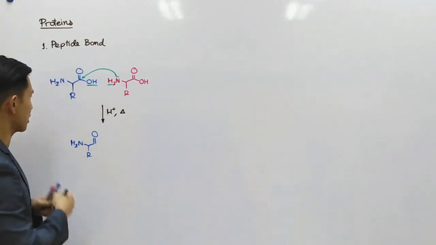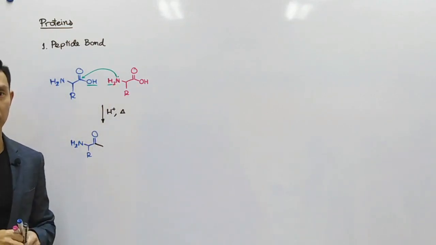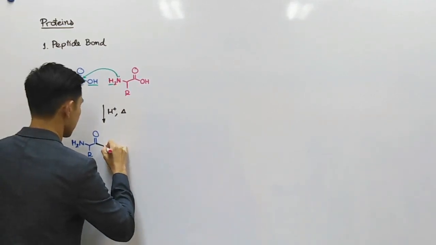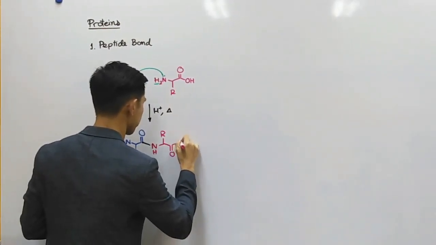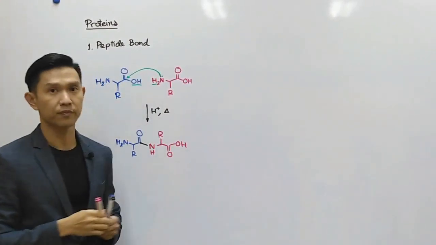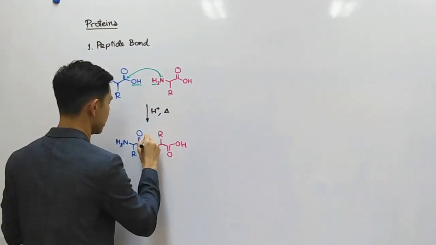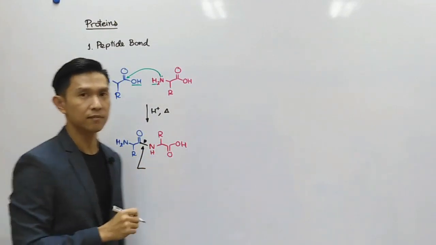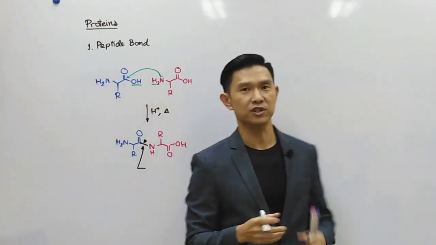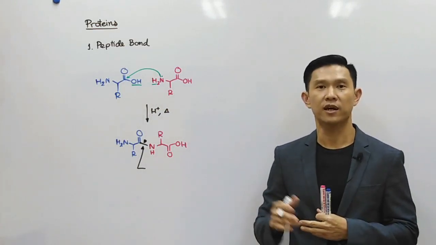So as a result, what we have here is the NH2 group and the carbonyl group. Now this carbonyl group is attached directly to the nitrogen in pink color. So the second amino acid comes into the molecule like this. The chemical bonding forming here is the amide bond. It's a simple amide bond. But the amide bond here, which links two amino acids together, has a special name.